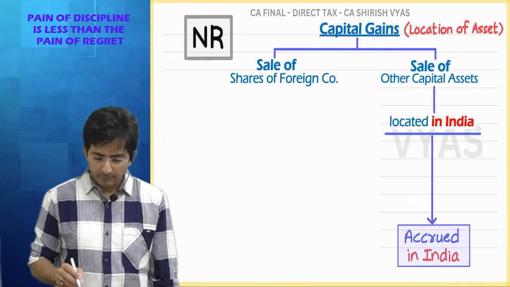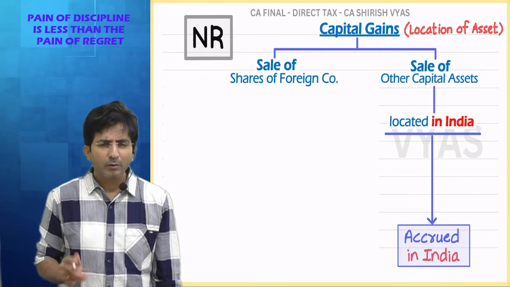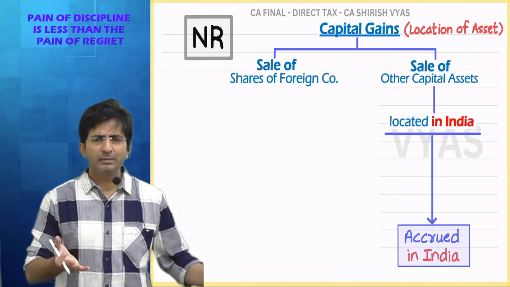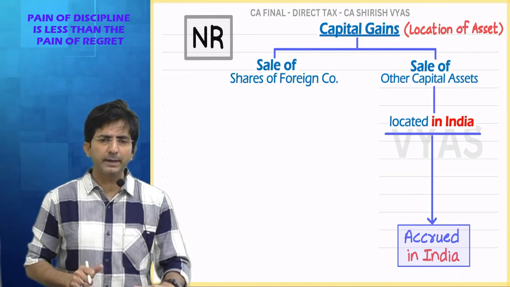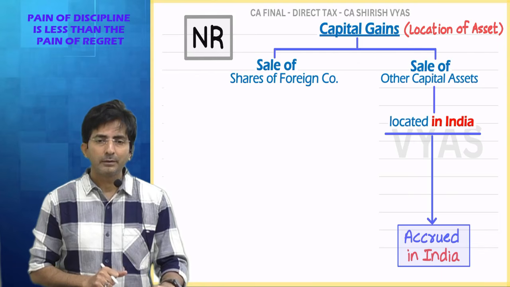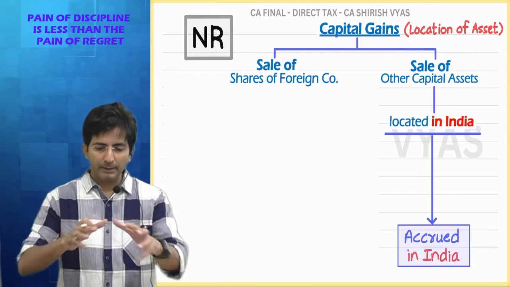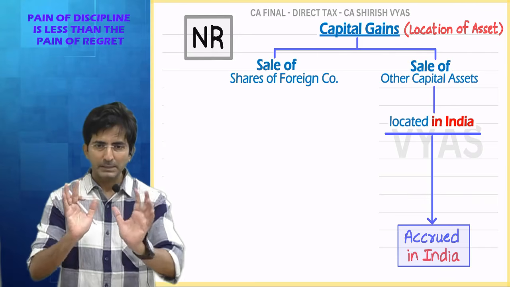Wait, what did I say right now? If the asset is located in India, how do you come to know the location? For land, we have to see physically where it is. Houses, we have to see physically where they are. Gold, again physically where it is. If the gold is kept in Delhi, Chennai, Mumbai, the location is a physical location.